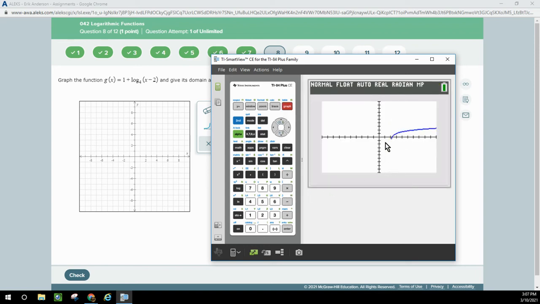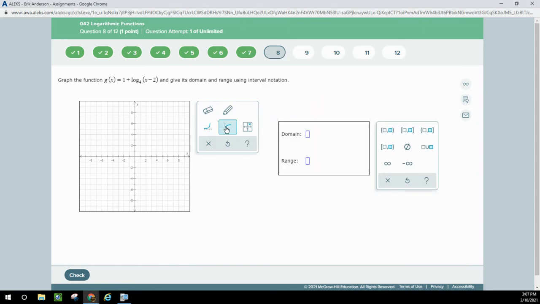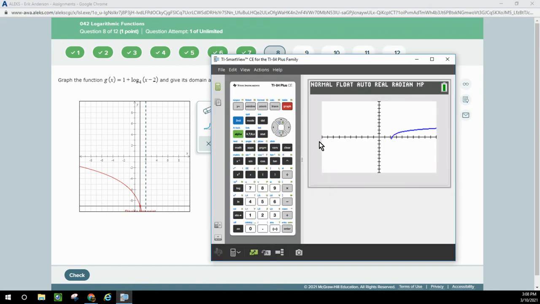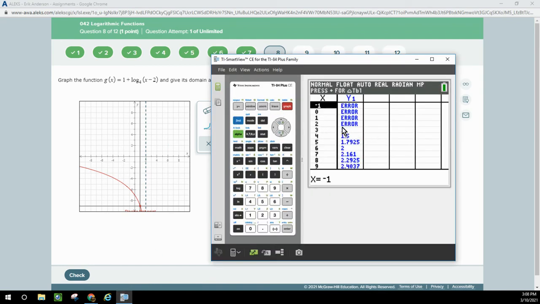The vertical asymptote is at 2. So let's try that in first. Looks like it also wants us to put the points in. So let's look at our table, find some points. 3, 1, 6, 2.